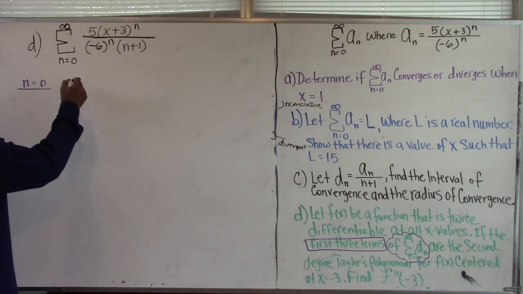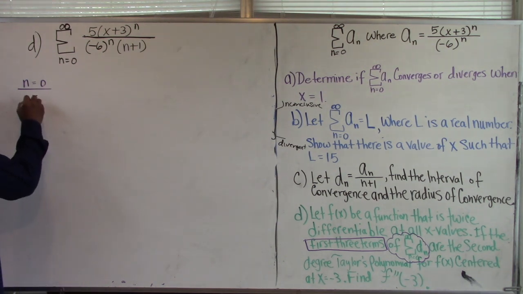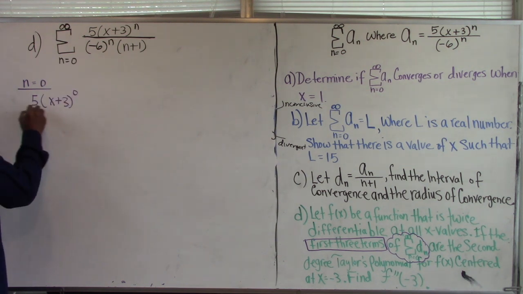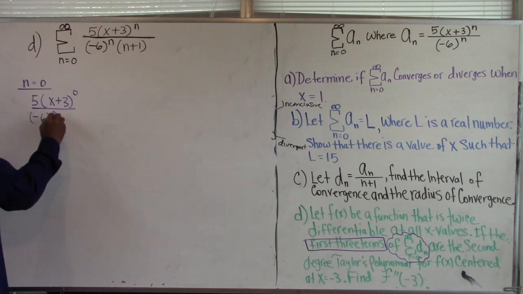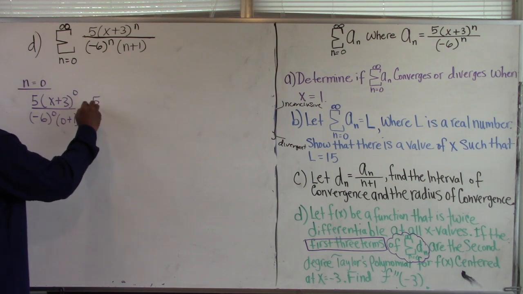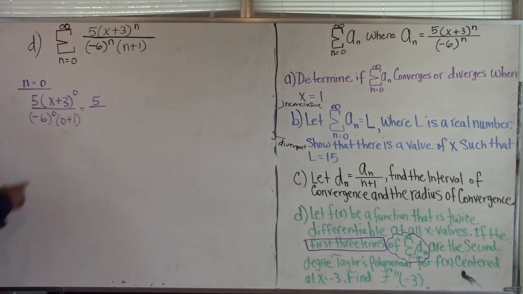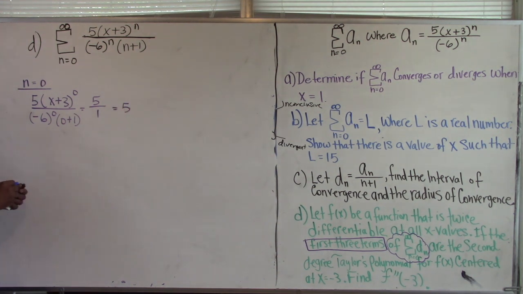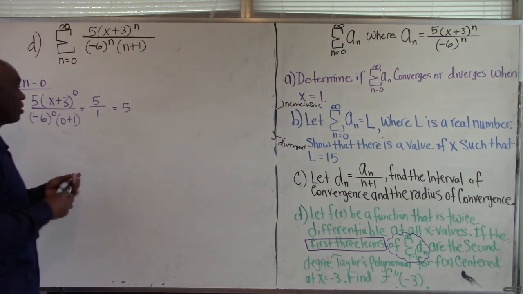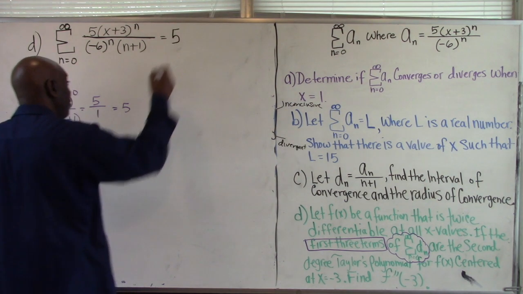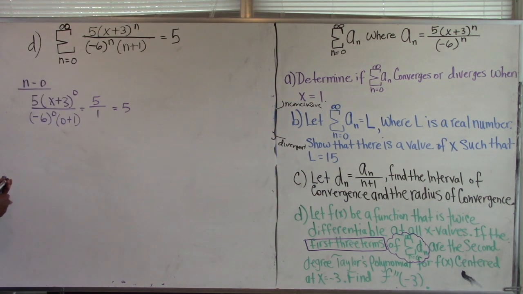When n is 0, we're going to get 5 times (x plus 3) to the 0 over (-6) to the 0 times 0 plus 1, which is going to give me 5 over 1, which is simply 5. All right, so this is going to equal 5. How about when n equals 1?